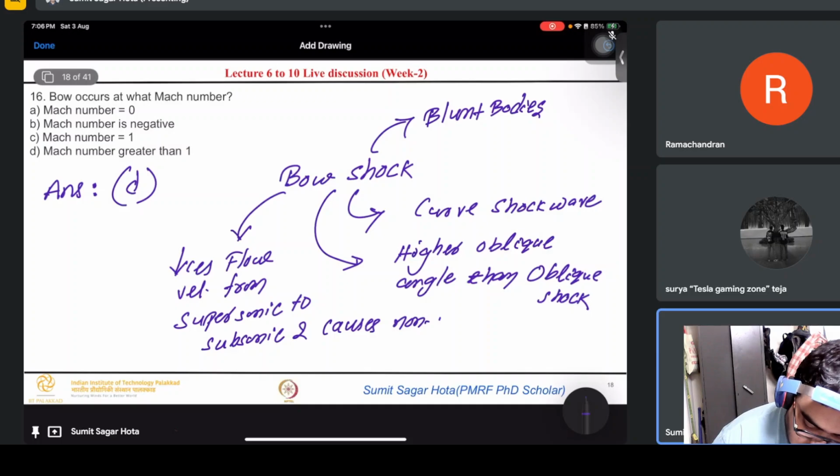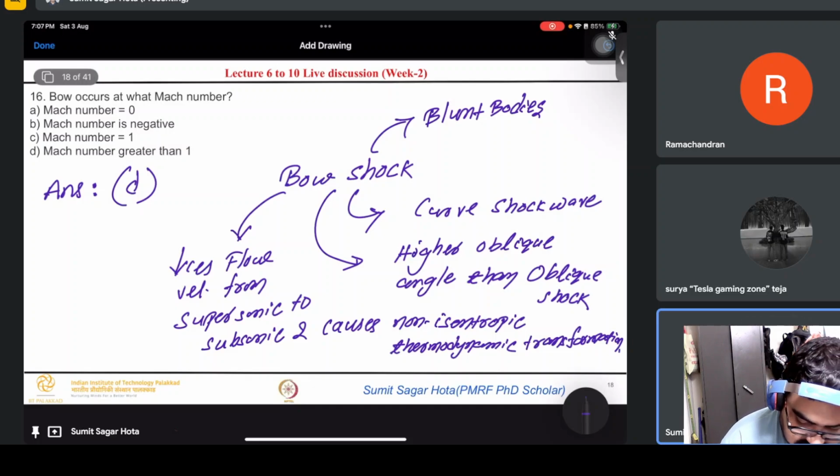Non-isentropic thermodynamic transformation. Okay, so why did I write down all these things? Obviously, from all these points, the bow shock will be more powerful than your oblique shock, because it has a very high oblique angle.